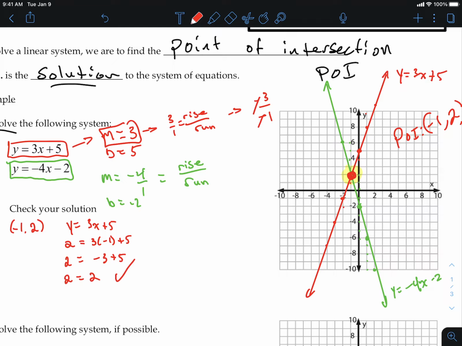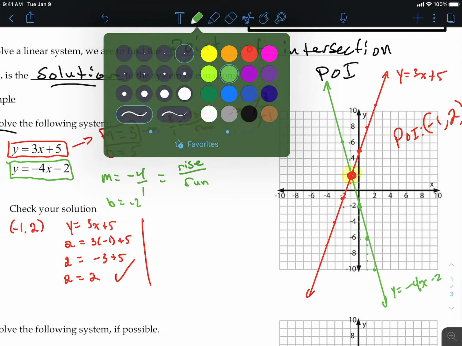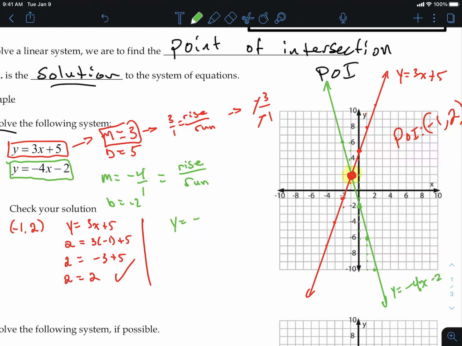Now you still have to check the other one because that point may or may not be on the line yet. So if we check the other one with the green, we're going to go y equals negative 4x minus 2. I'm going to plug in the same point. 2 equals negative 4 times negative 1 minus 2.